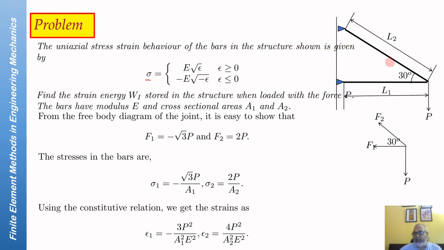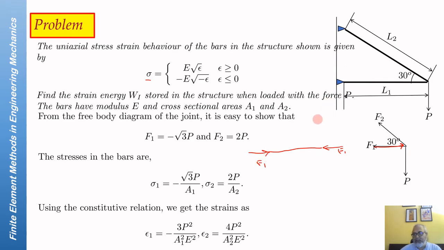To do that, we take this hinge out and draw its free body diagram. So we can easily solve this. P is a known force, so F1 turns out to be minus root 3 P. So F1 is actually this way. F2 is in the correct direction. If F1 is this way, then this first bar is under compression because it has to be subjected to F1 like this, and therefore F1 from the other side.